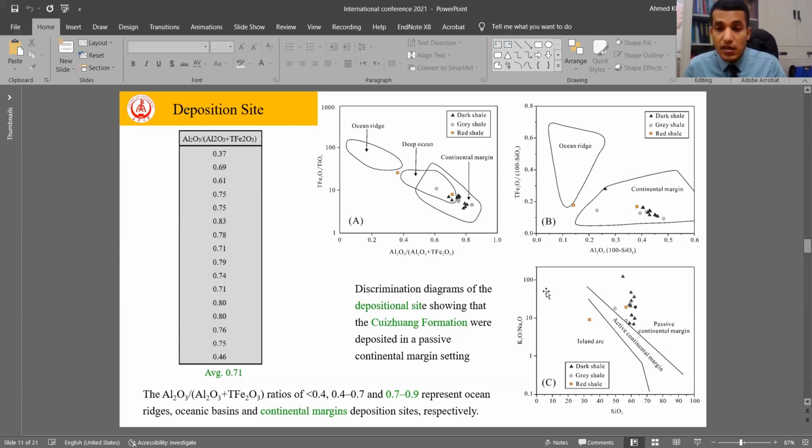The passive continental margin was suitable for clastic rock sedimentation during the Columbia supercontinent, when the formation was deposited.